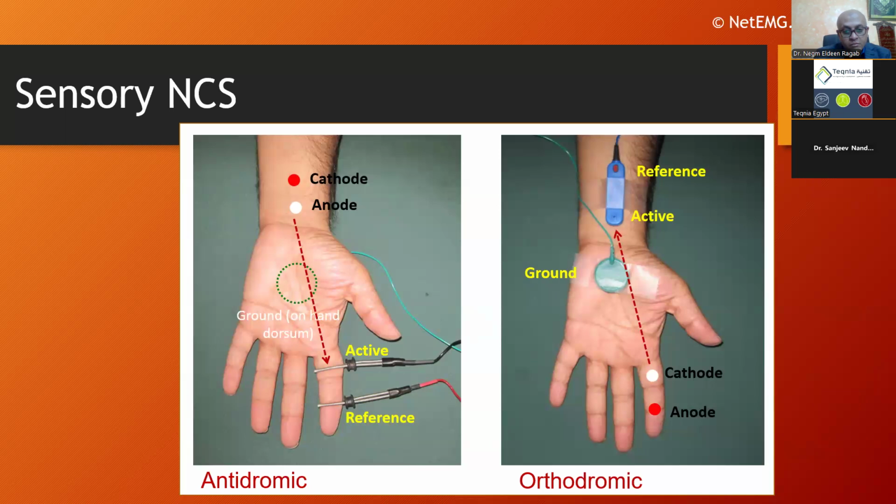I'm not saying it is never used. It is for specific conditions that we will use proximal stimulation. What you can demonstrate in those recordings is what Professor Kimura used to call a nonlinear decrease in amplitude to localize the pathology. Yes, we do use proximal stimulation in ulnar neuropathies at the elbow.